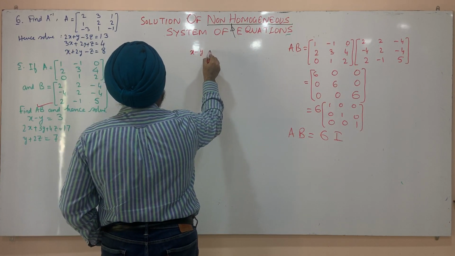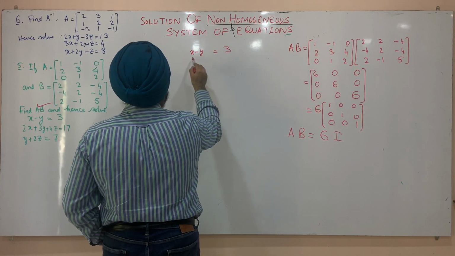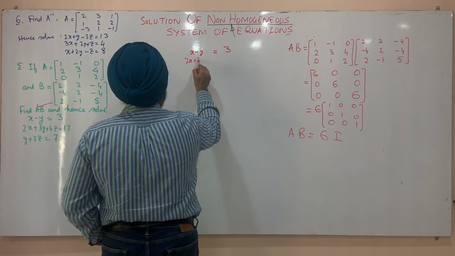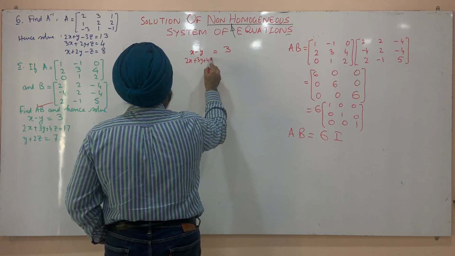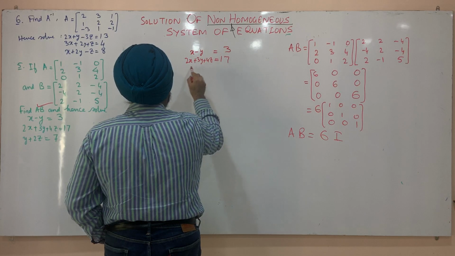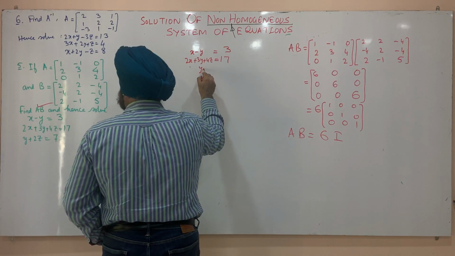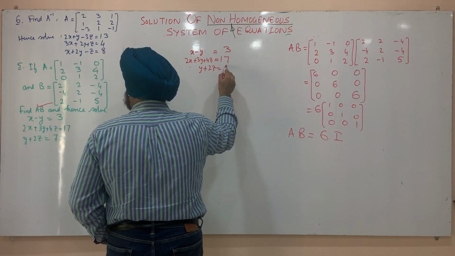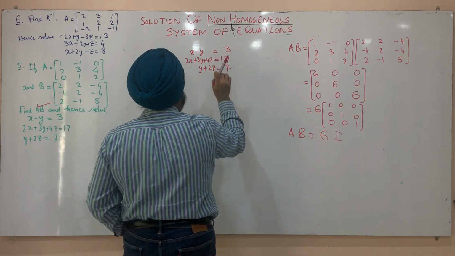x minus y is 3, 2x plus 3y plus 4z is 17, y plus 2z is given as 7.